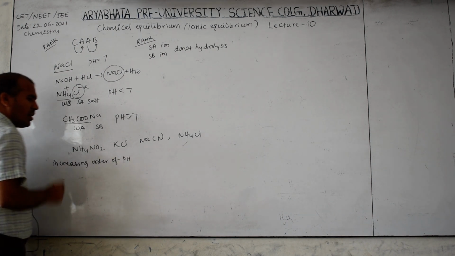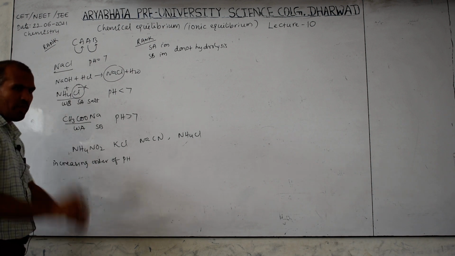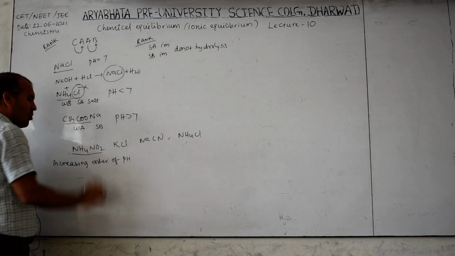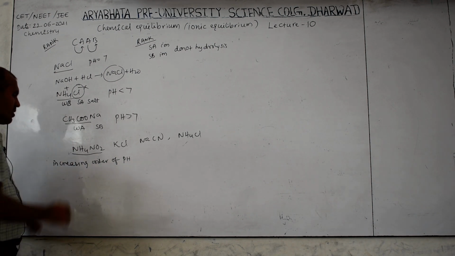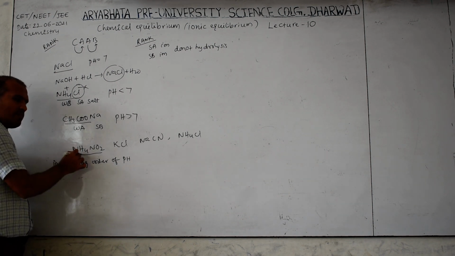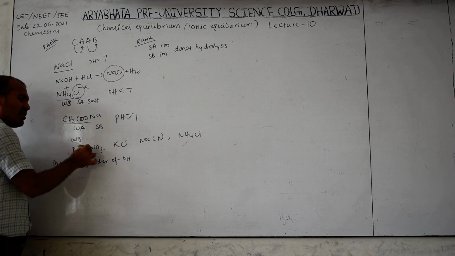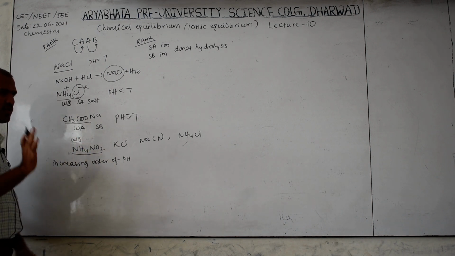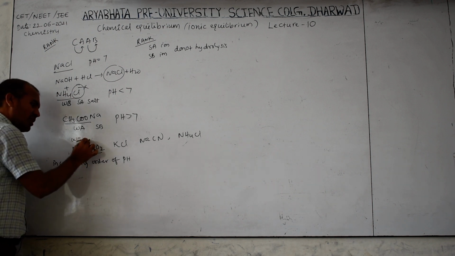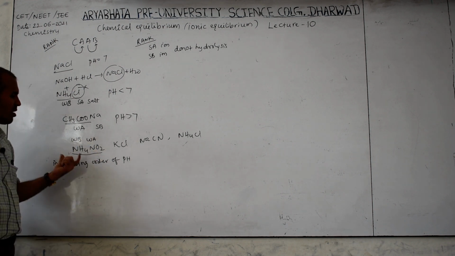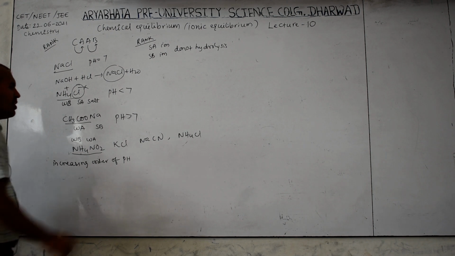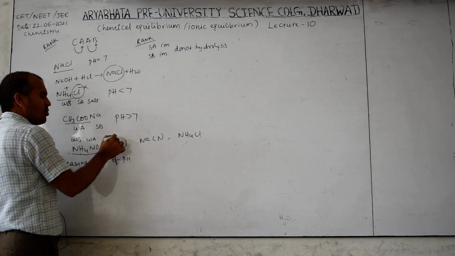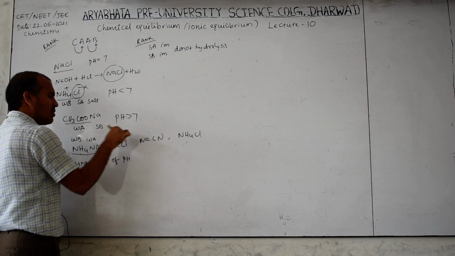Highest pH means base, lowest pH means acid. NH4NO2 comes from HNO2, not HNO3. HNO3 is a strong acid, but HNO2 is a weak acid. So this is a salt of a weak acid and weak base, and the pH is roughly equal to 7.